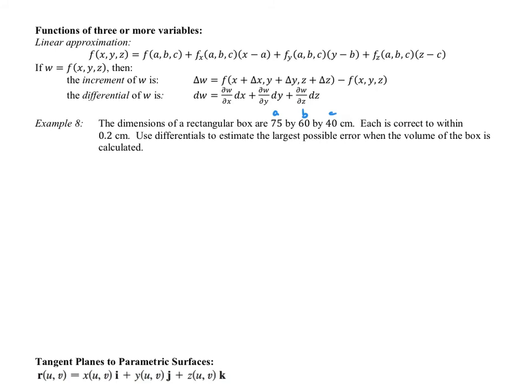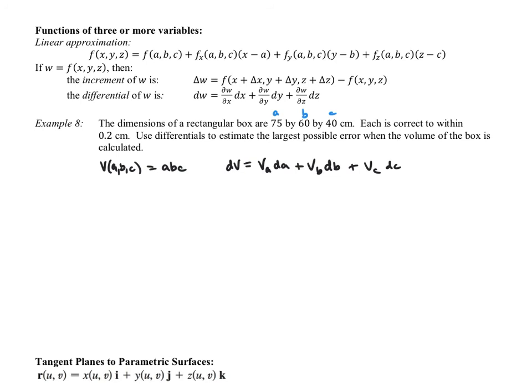So our volume now is made up of A, B, and C, and it's of course A times B times C. And we're going to come up with the differential dV by taking the derivative with respect to A multiplied by the differential dA plus the derivative with respect to B times the differential dB plus the derivative with respect to C times the differential dC.